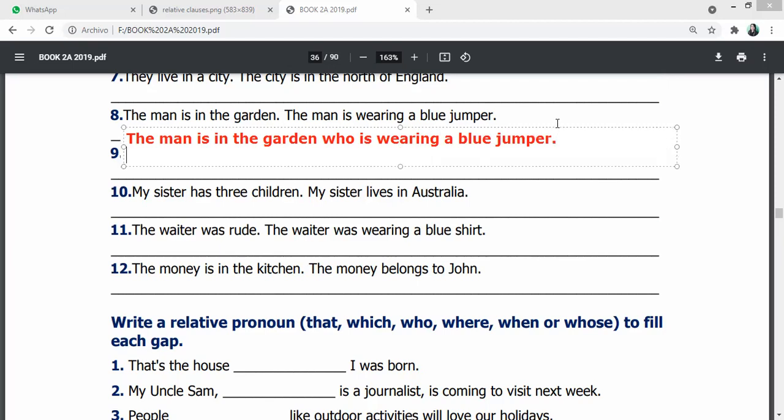Okay. But now also we can combine this one. So look at here. The man who is in the garden, comma, is wearing a blue jumper.